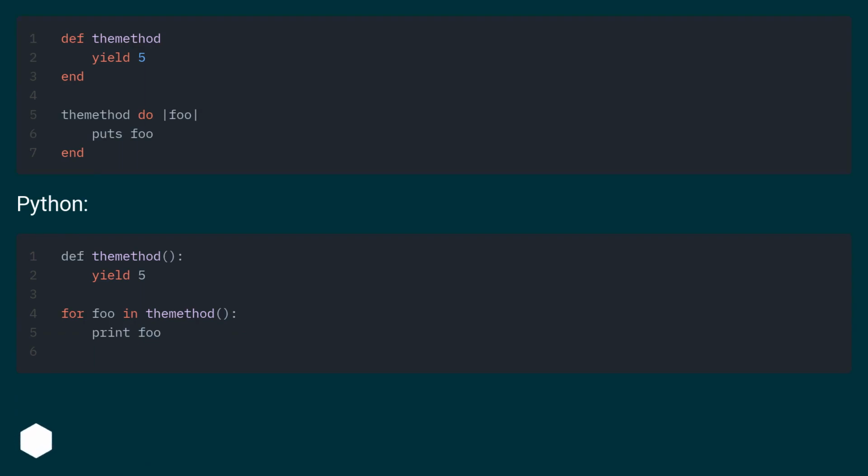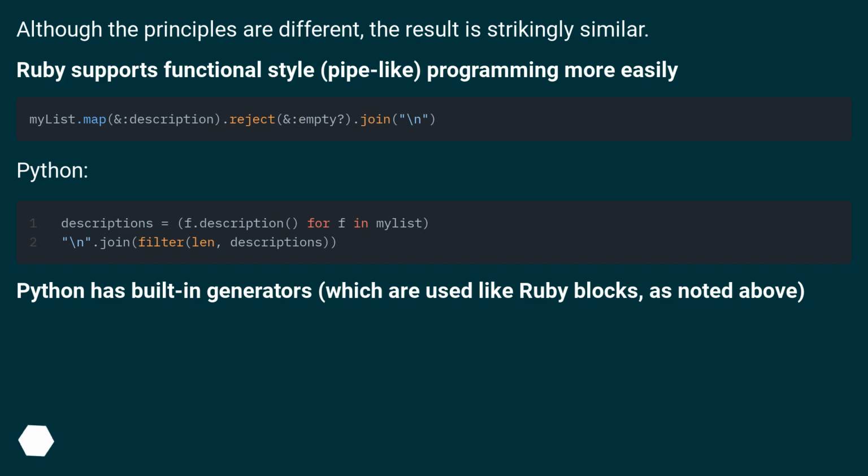Python. Although the principles are different, the result is strikingly similar. Ruby supports functional style, pipe-like programming more easily.